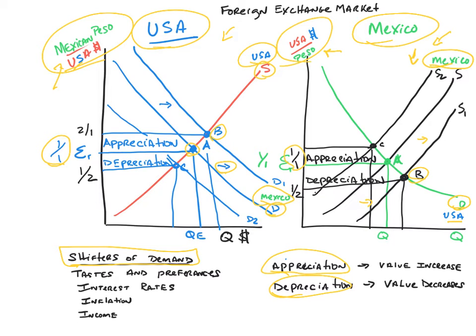I'll explain that a little more as we move along. Just understand that if demand shifts over here, supply shifts over here in the same direction. And that's where we get our appreciation and depreciation.